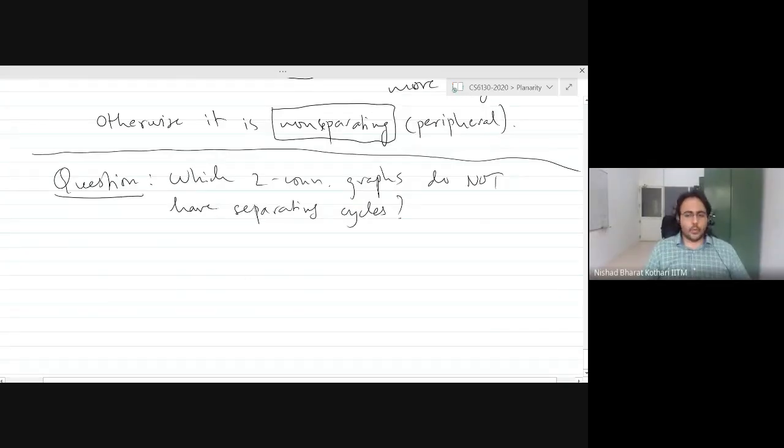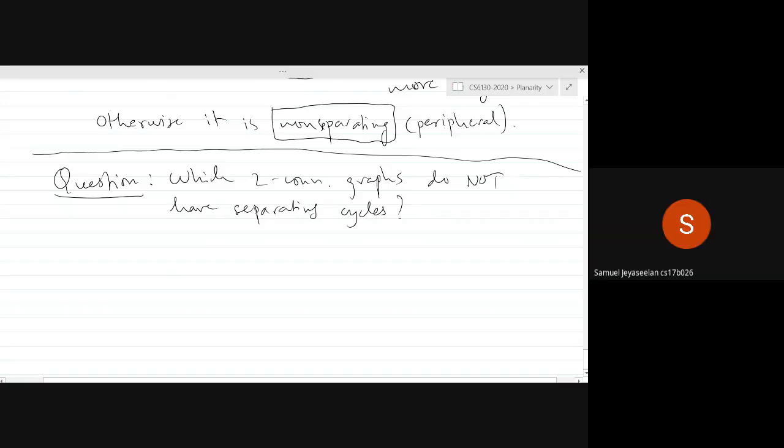Can somebody give me a quick example of a two connected graph that does not have a separating cycle? What is the easiest two connected graph that you can think of? A cycle with one point in the middle, which is connected to every vertex on the cycle.